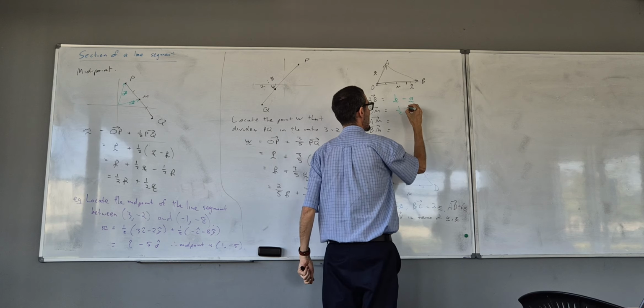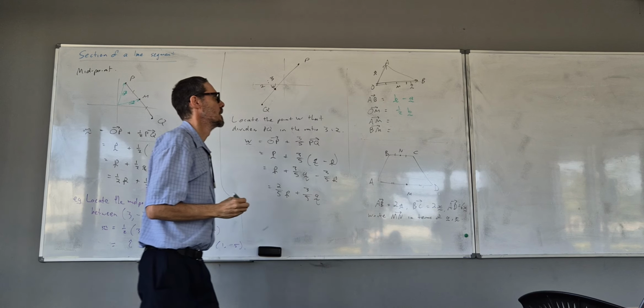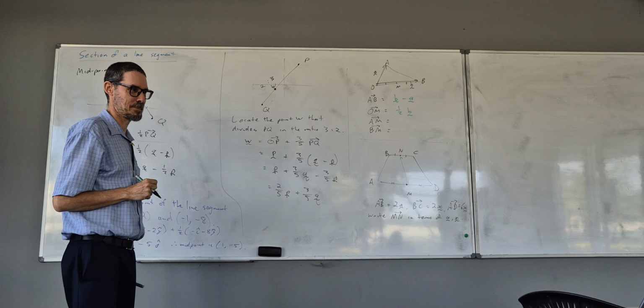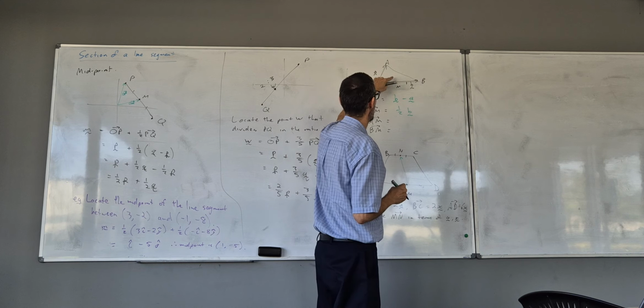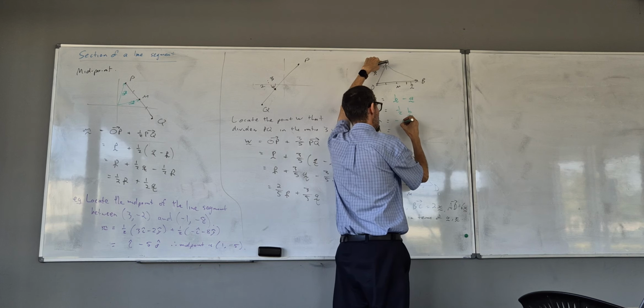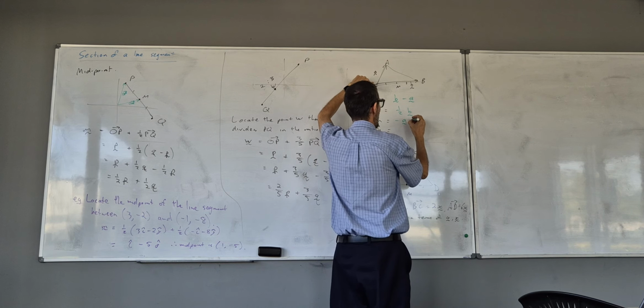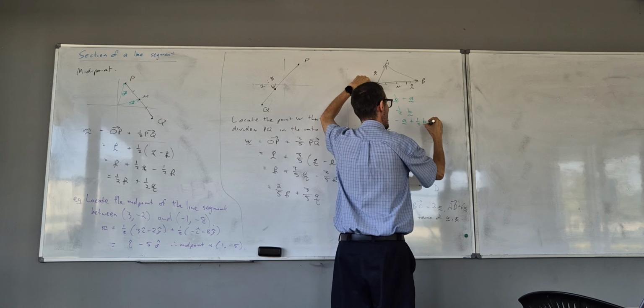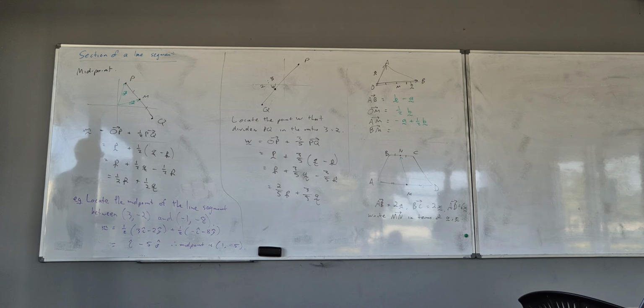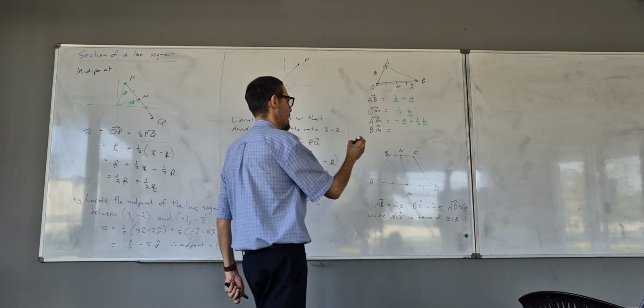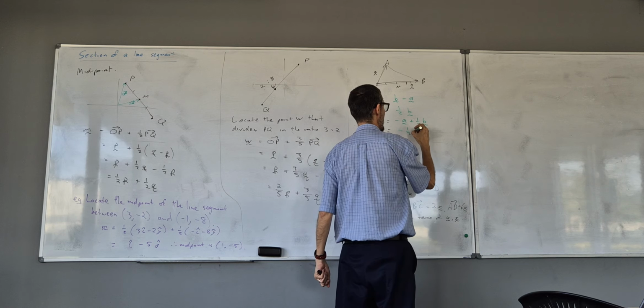OM is half B. AM is negative A, to do it Julia's way, plus a half B. Or half B minus A, that's perfectly fine. BM must be negative a half B.